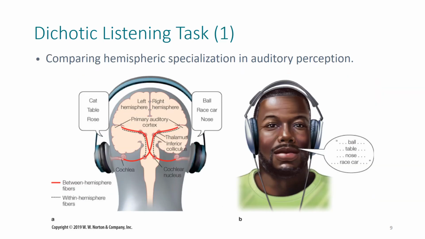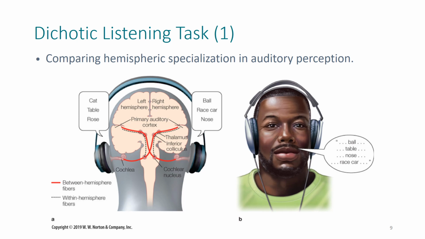The dichotic listening task is used to compare hemispheric specialization in auditory perception. In A, competing messages are presented, one to the left ear and one to the right ear.